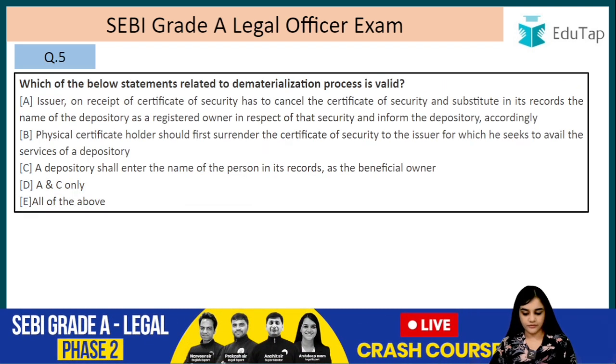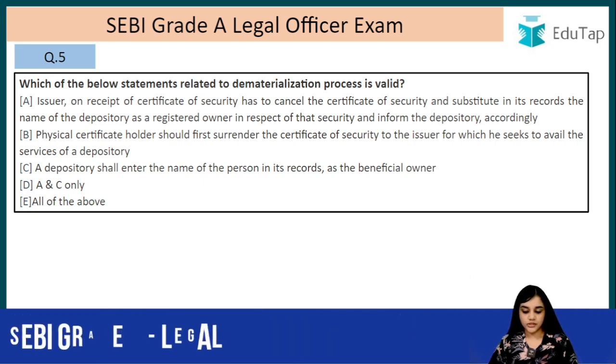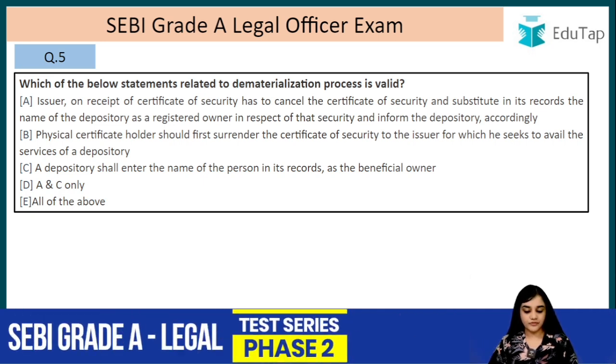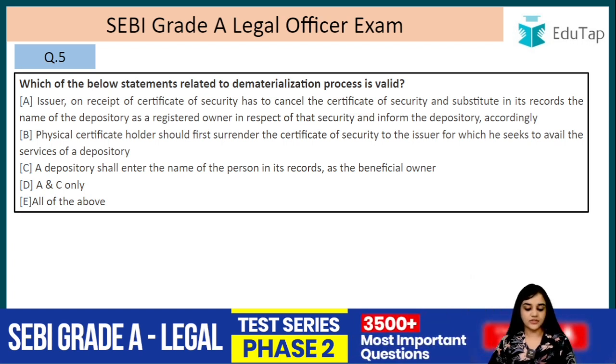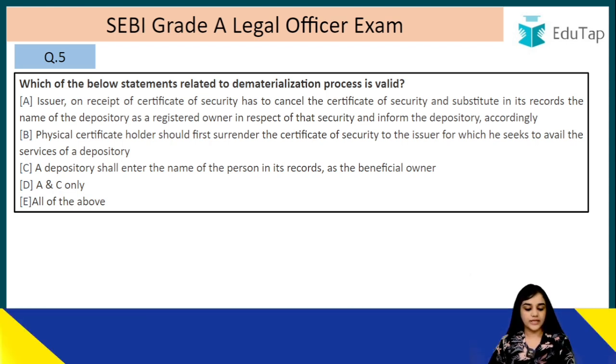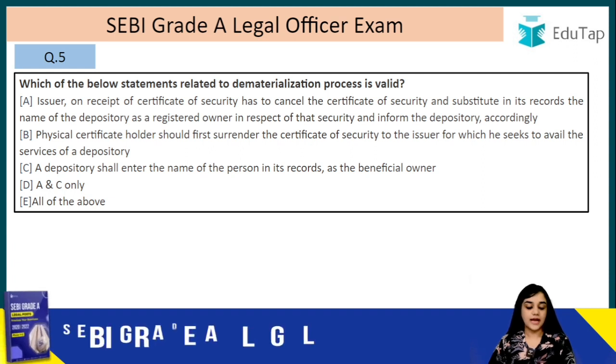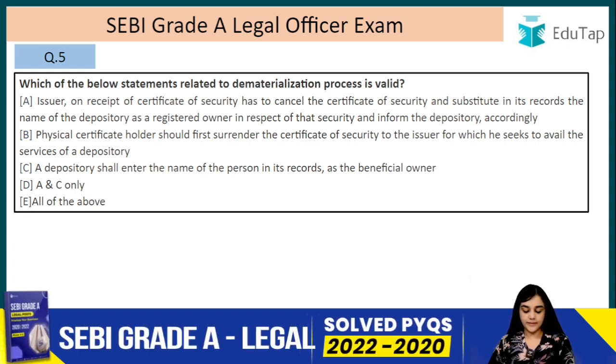Question number 5. Which of the below statements relating to the dematerialization process is valid? Issuer, on receipt of the certificate of security, has to cancel the certificate of security and substitute in its record the name of the depository as a registered owner in respect of the security and inform the depository accordingly.